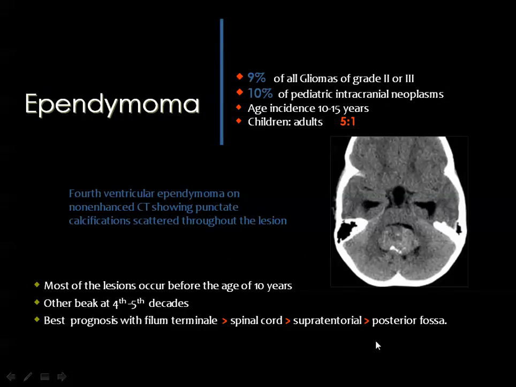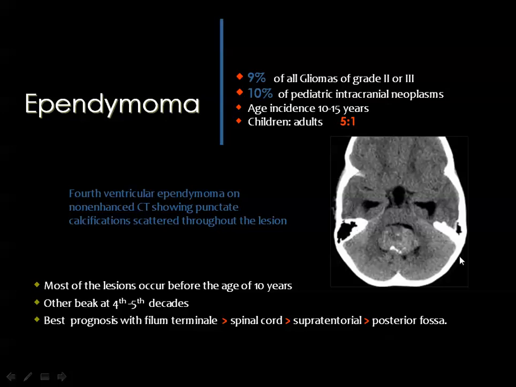Then we'll start with one of the famous intraventricular tumors, which is the ependymoma. The ependymoma represents about 9% of all gliomas, and it also represents 10% of the pediatric intracranial neoplasms, and is relatively more common in children than in adults. The usual age of incidence is between 10 and 15 years.